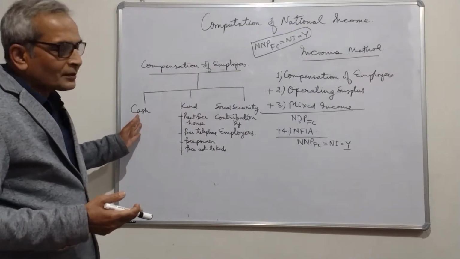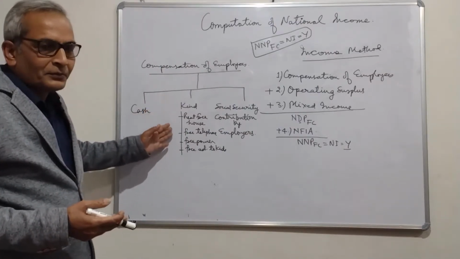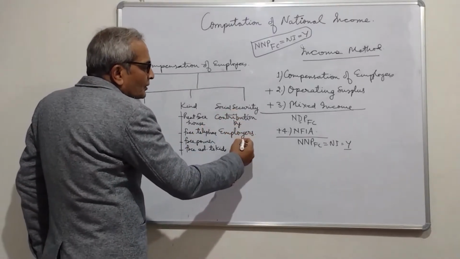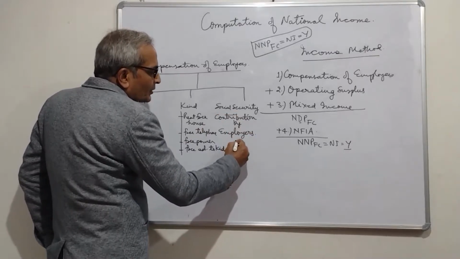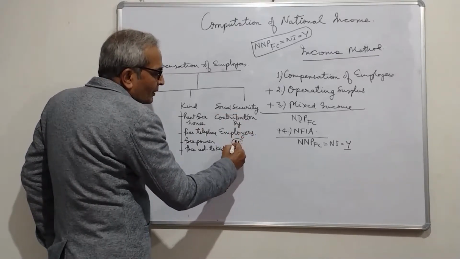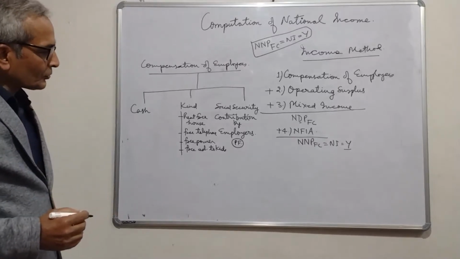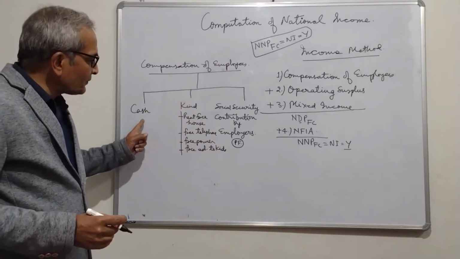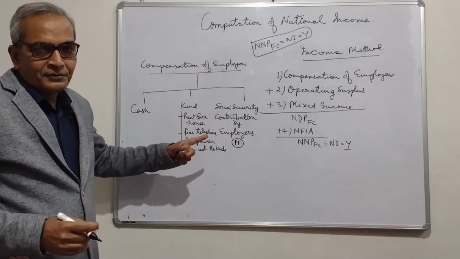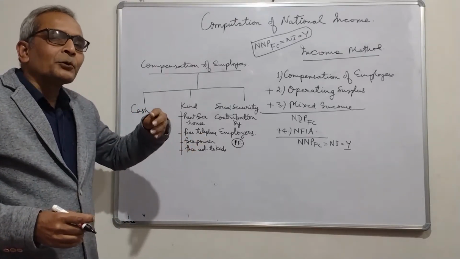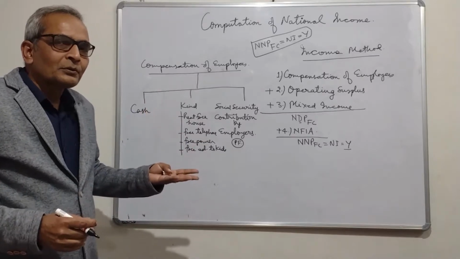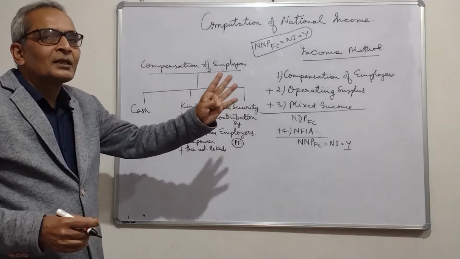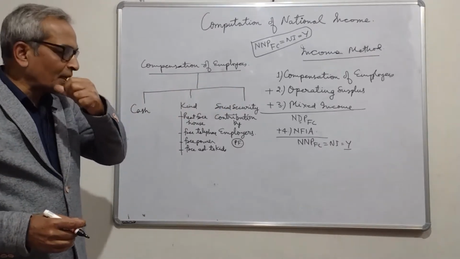So cash is one part, another is kind, and we saw the different items. And in social security contribution by employers, there is, for example, provident fund. Employees also contribute to provident fund, but they give it from their cash. Employers also contribute to provident fund, but instead of giving it to the employees, it is deposited in the provident fund.